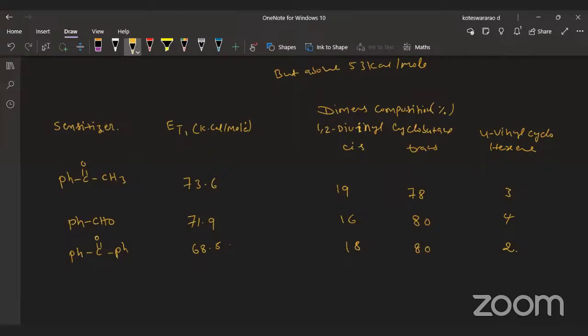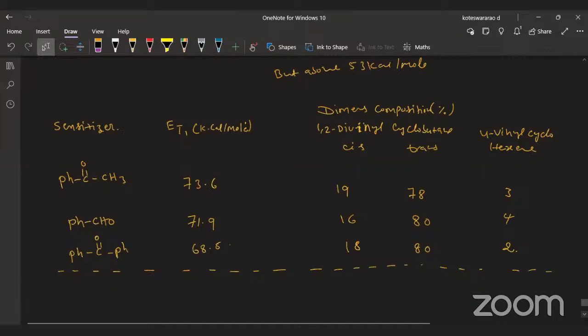Now this is the borderline. This is the optimum radiation and optimum sensitizer to get the maximum yield of the trans product and 1,2-divinylcyclobutane. Only 2% of the 4-vinyl product is generated.